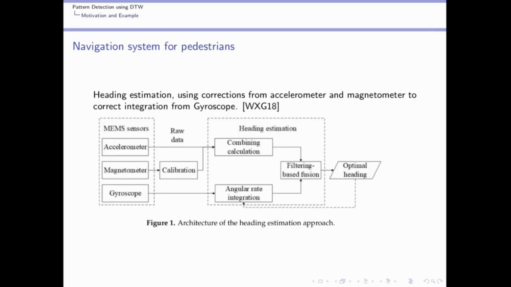To show you an example, for heading estimation, you can use data from a gyroscope, which gives you the angular rate, and you can integrate that and correct the estimates.